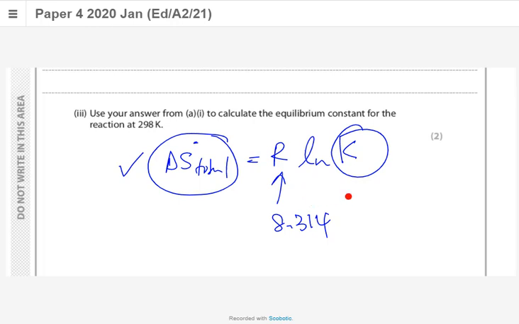You can find the K. That can be done, with the use of shift log, the inverse log value. So that question is fine.